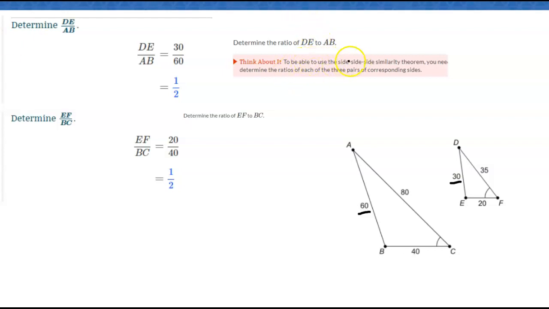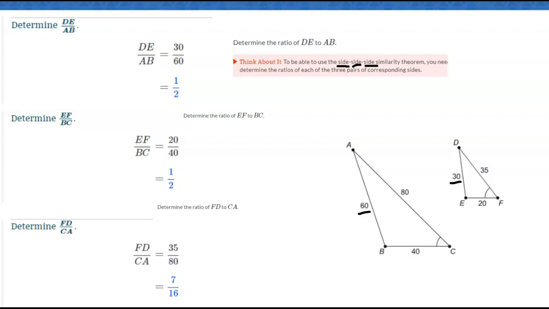Remember, with side similarity, we have to have all three sides. So let's do the third side, FD to CA. When we set up this ratio, we see that FD over CA is equal to 35 over 80.